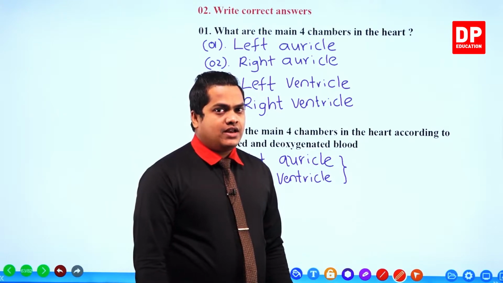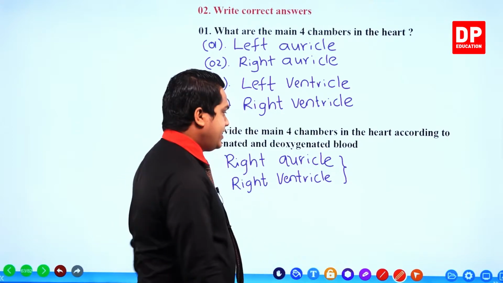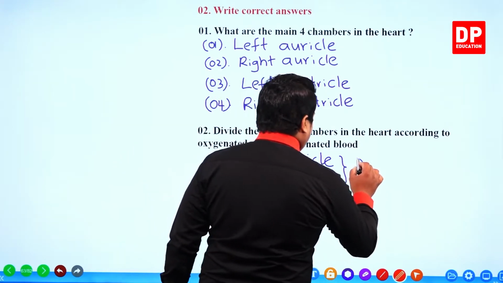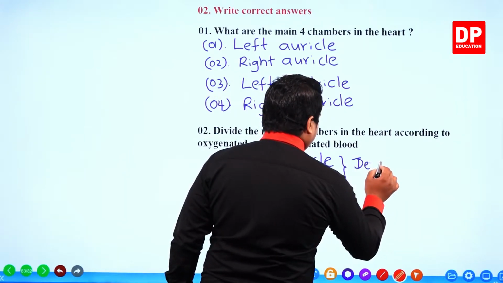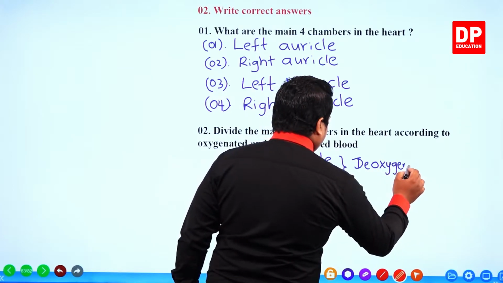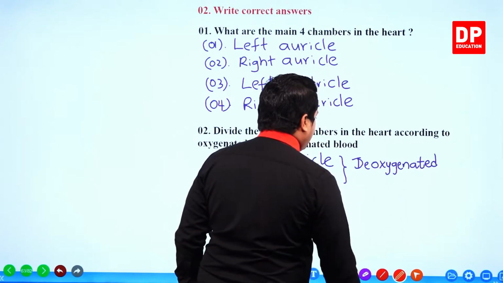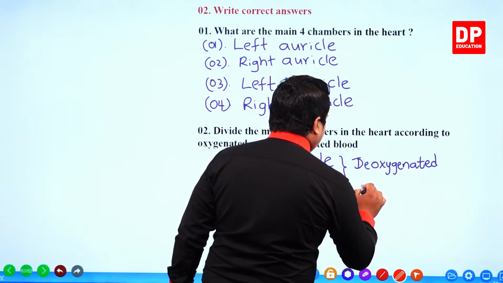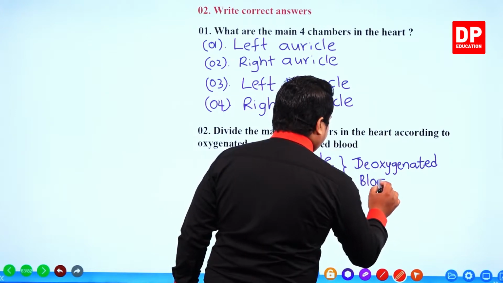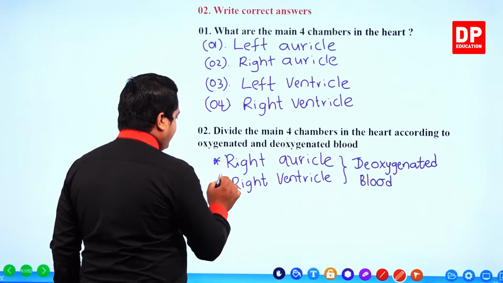So right auricle and right ventricle contain deoxygenated blood.